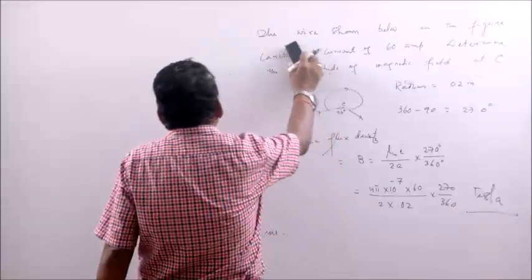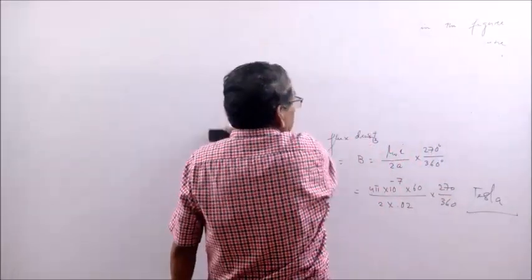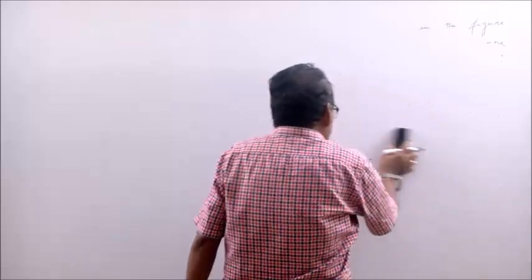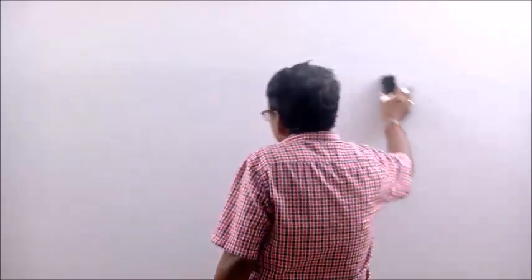So these are some typical numericals from magnetic effects of electric current. You may be asked 1 mark, 2 mark, 3 mark questions in the examination, and long questions also from this chapter. This chapter is very important.